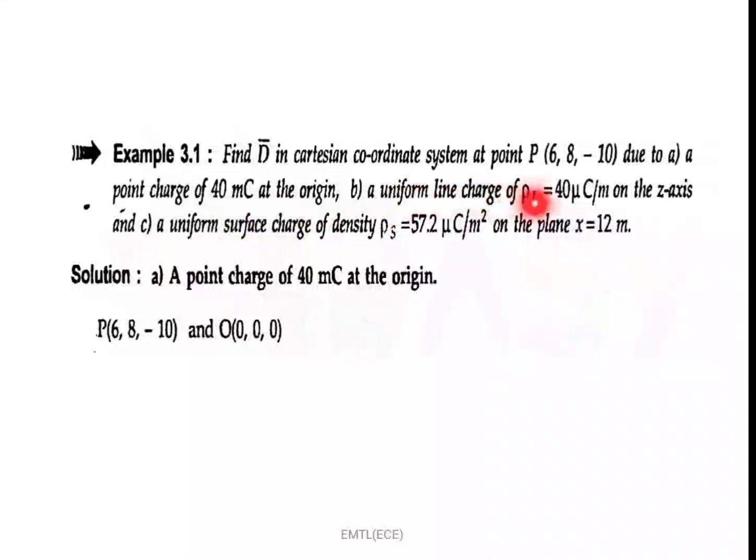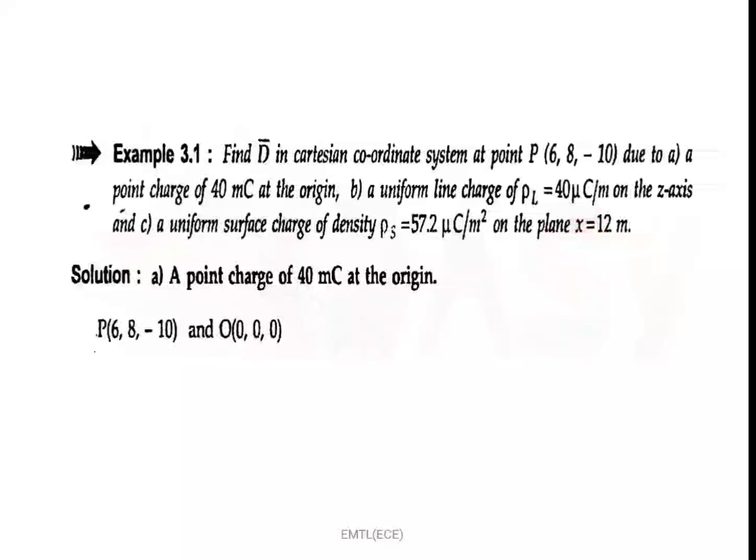The second problem: a uniform line charge rho L equal to 40 microcoulombs per meter on the z axis. And the third problem: a uniform surface charge density rho S equal to 57.2 microcoulomb per meter square on the plane x equals 12 meters.